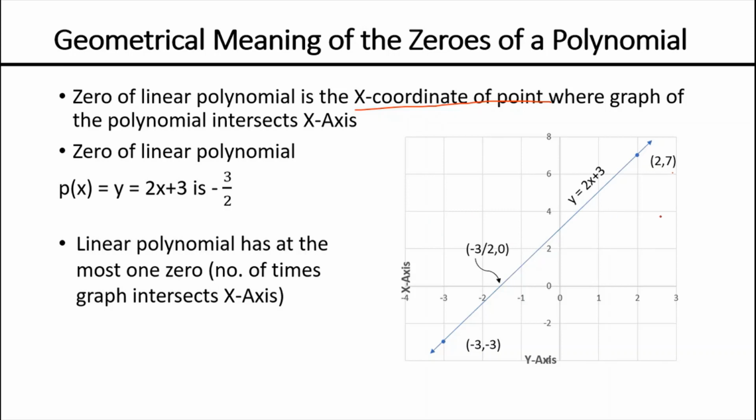For all those polynomials, there won't be any zero. So we can say that a linear polynomial will have either 1 zero or no zero. A very small point to note here is that going forward in this chapter, we will represent the general form of a linear polynomial as y = ax + b.